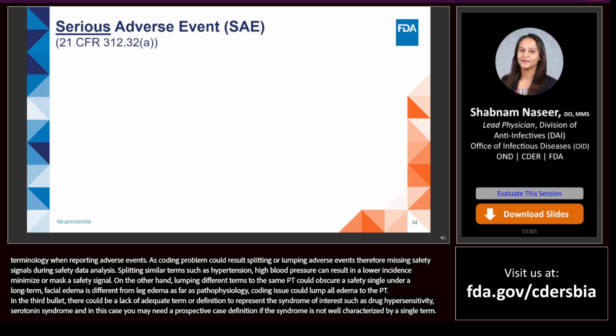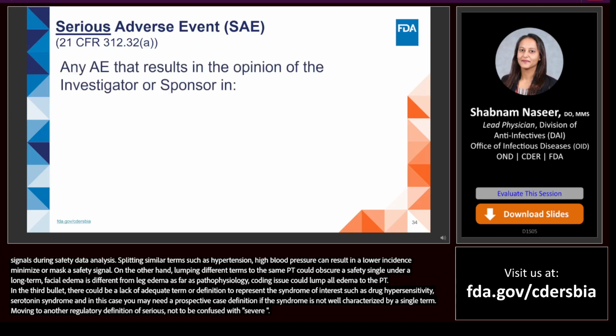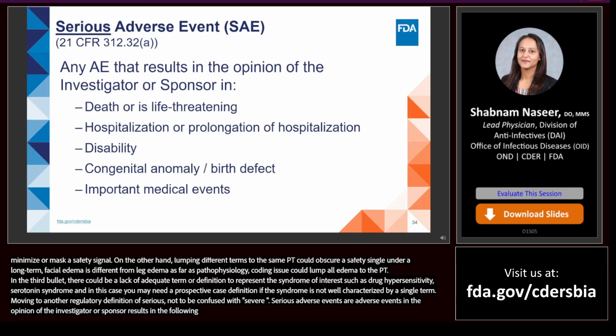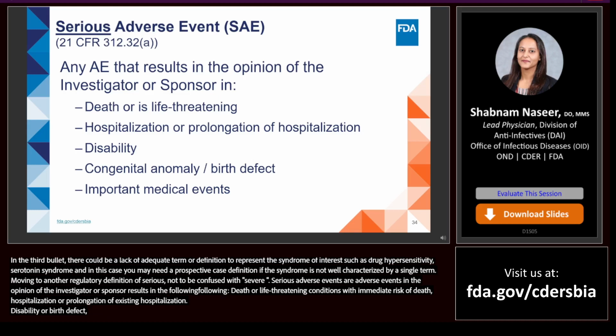Moving on to another regulatory definition of serious, again, not to be confused with severe. Serious adverse events are any adverse events that, in the opinion of the investigator or sponsor, result in the following: death or life-threatening conditions with the immediate risk of death, hospitalization or prolongation of existing hospitalization, a disability or a birth defect, and last but not least, important medical events.